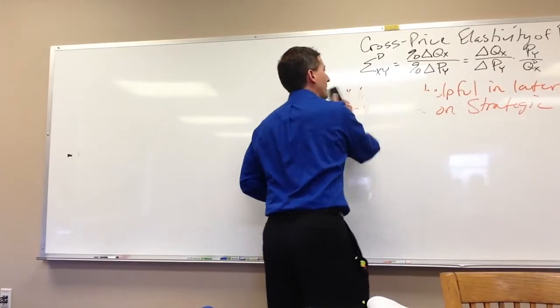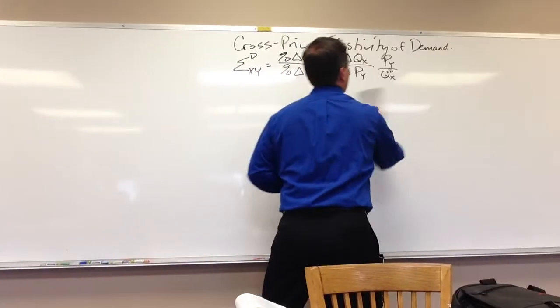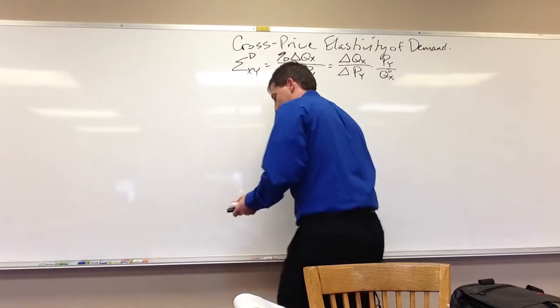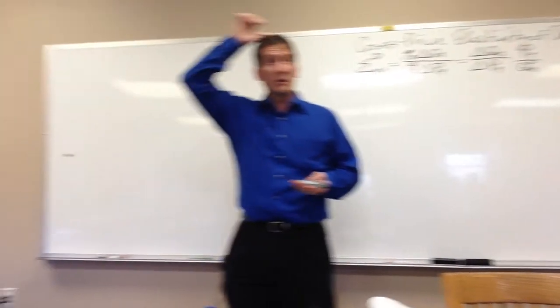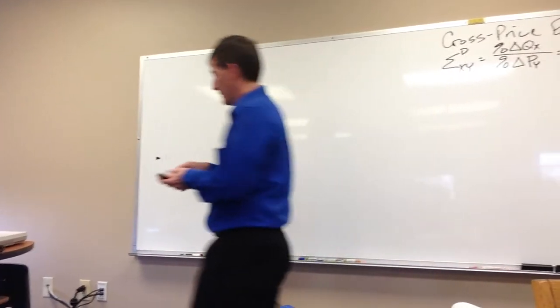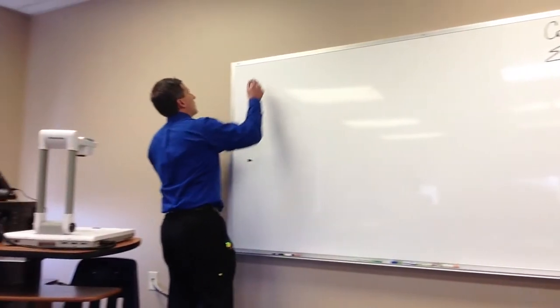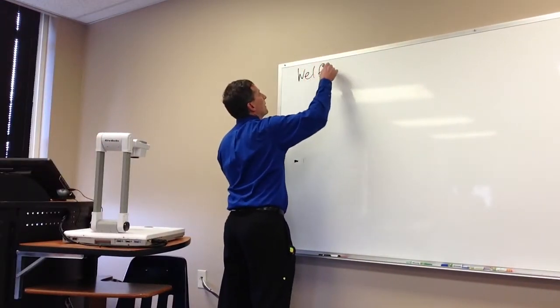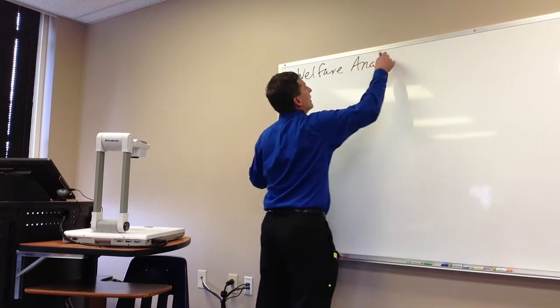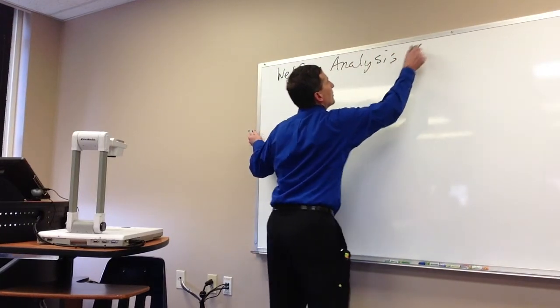This chapter will play right into that. You'll get extra practice doing it. But we are going to add on the dimension of consumer and producer surplus. So, welfare analysis of the market.